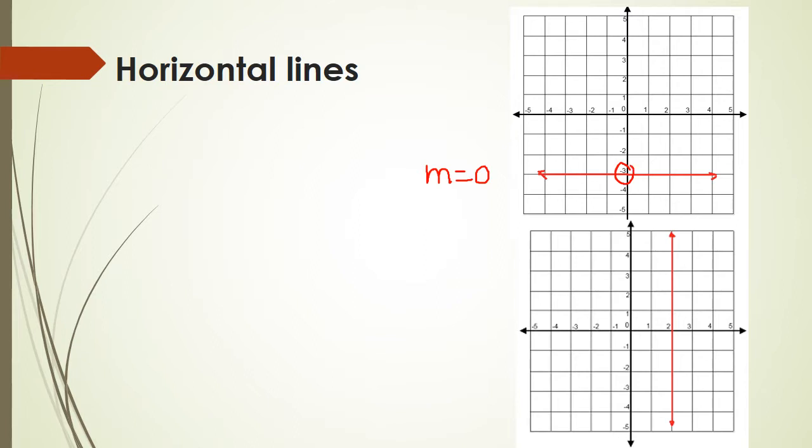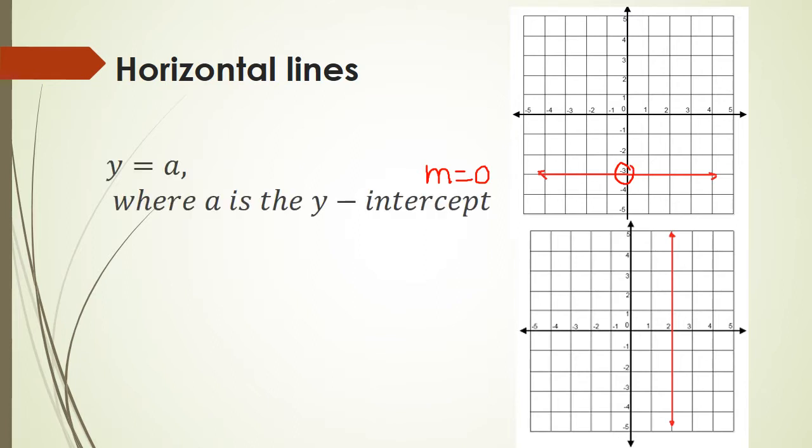So horizontal lines have an equation of y equals a, where a is the y-intercept. So in this example, the linear equation that can represent this line is going to be y equals -3.